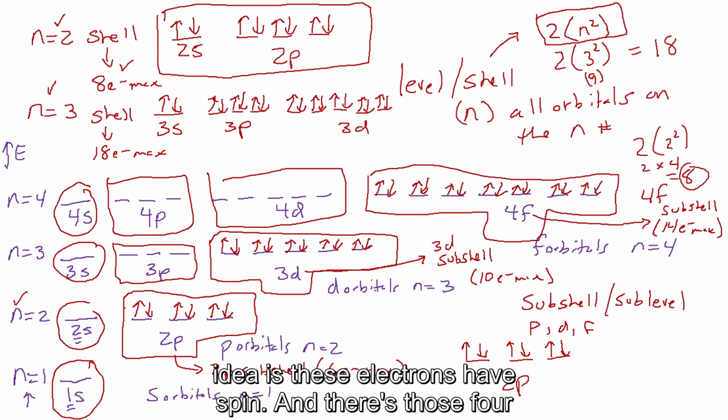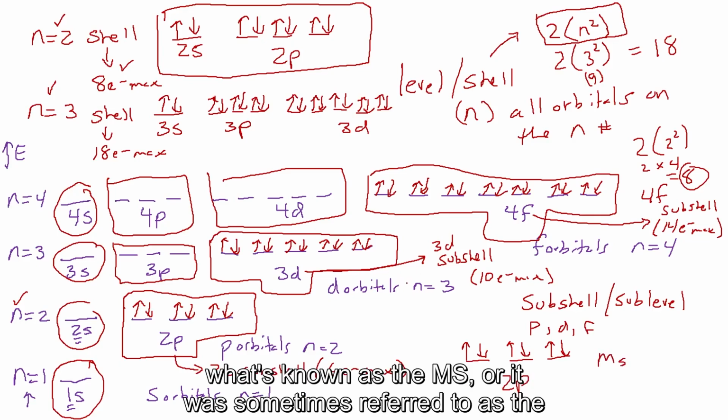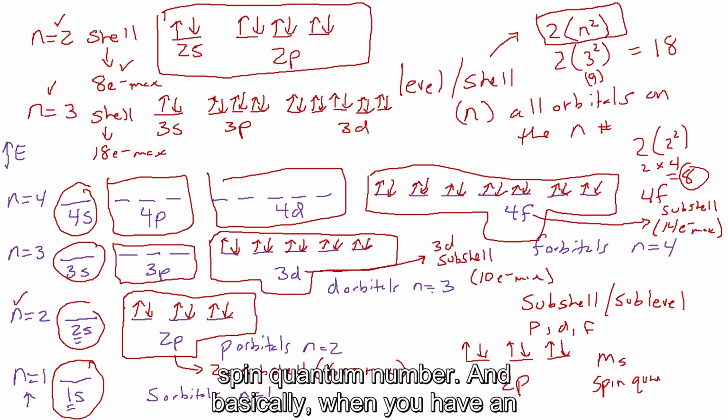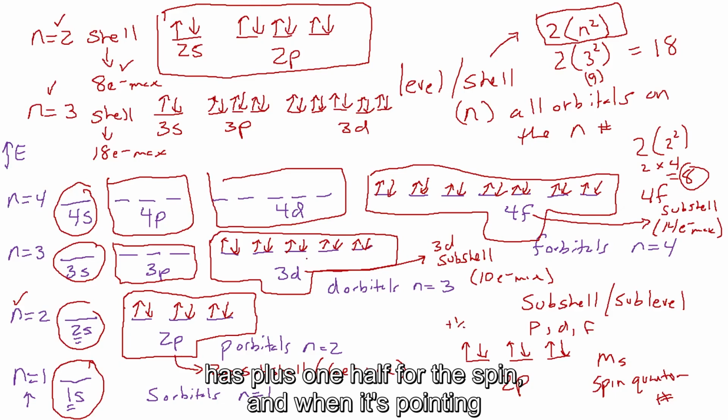But basically the idea is these electrons have spin, and there's those 4 quantum numbers I talked about earlier. And one of them is what's known as the ms, sometimes referred to as the spin quantum number. When you have an electron pointing upwards, represented by this arrow, it has plus 1/2 for the spin.